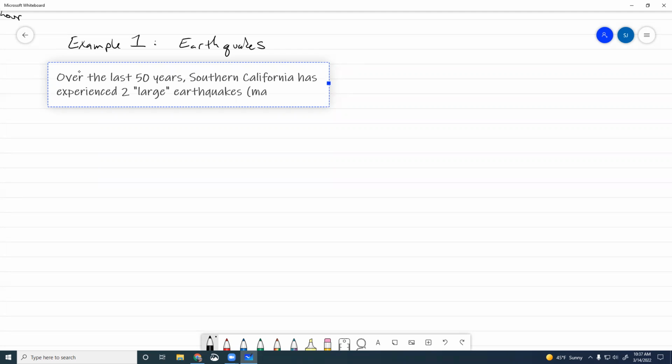And that definition of large in this example is magnitude greater than or equal to 6.